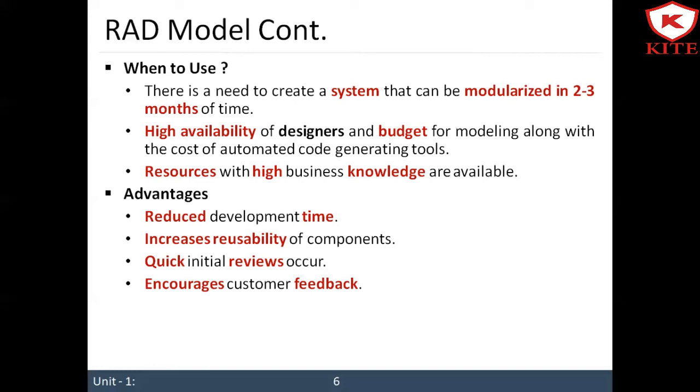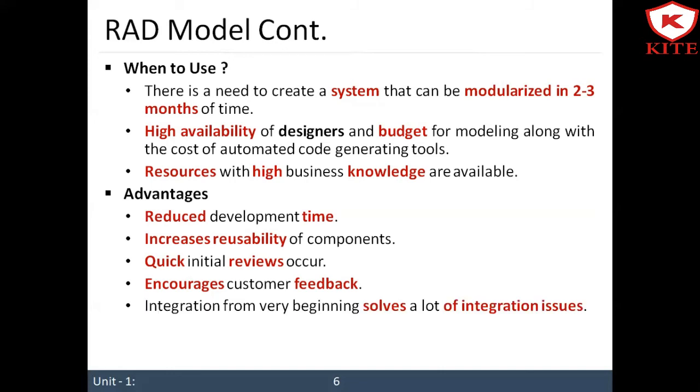The third one is quick initial reviews occur. After development, we can approach the client and get some positive or negative feedback. So it encourages customer feedback. We can also involve the client in the development activity and take some feedback from them.